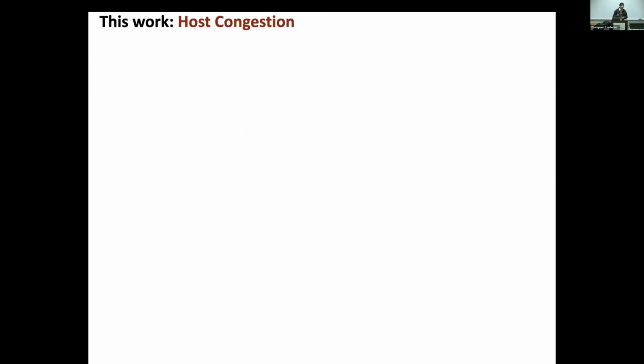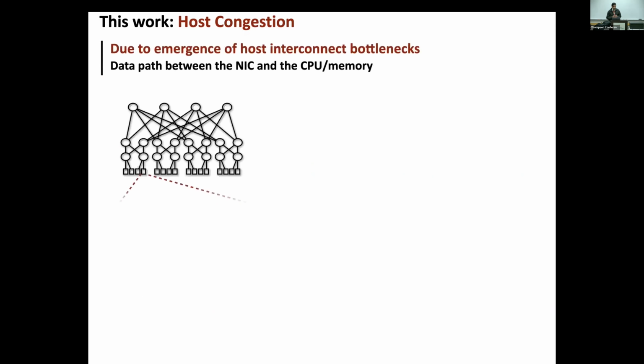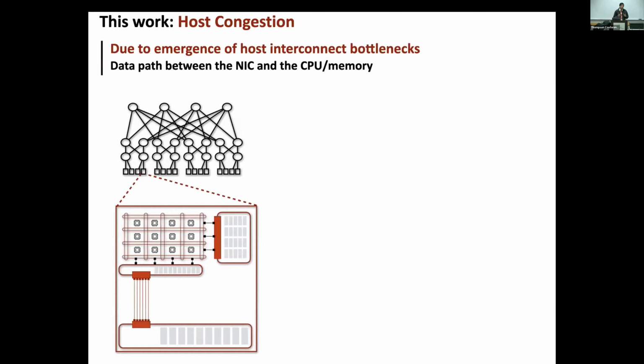However, today I'm going to talk about this new problem of host congestion. At a very high level, what's happening is that with the introduction of these 100G, 200G links, new bottlenecks have started to emerge in the host interconnect, that is, the data path between the NIC and the CPU or memory.